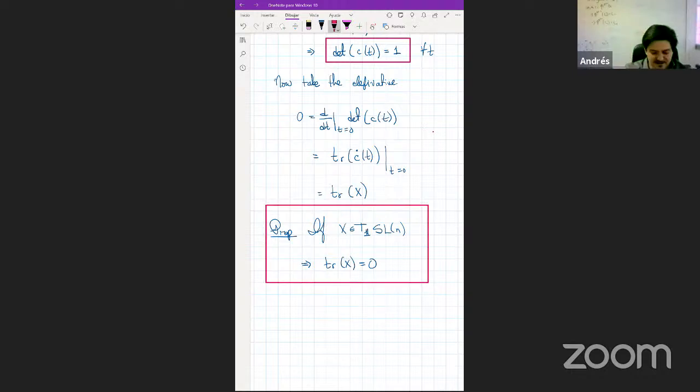Now, what can you say about the set of all matrices that have trace 0?